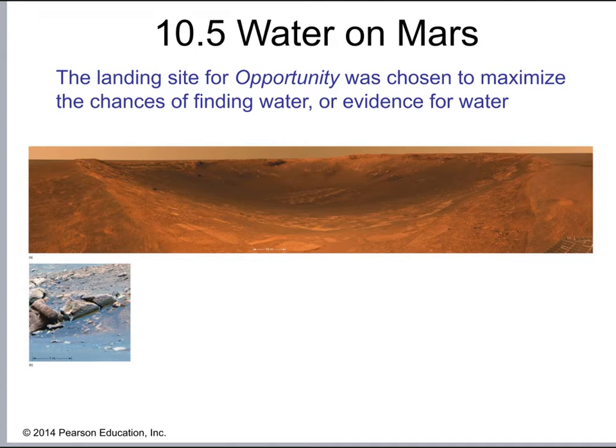It actually landed in, I think, 2004, 2005, somewhere around there, and it was active all the way from about 2004 up until about 2018, which is when we lost contact with it. That was a very long time for that little probe to be wandering around the surface, investigating what we can find out about the surface of Mars.